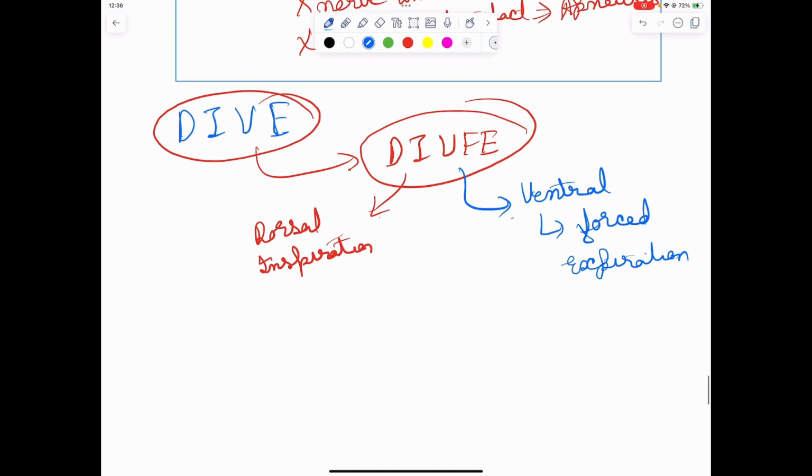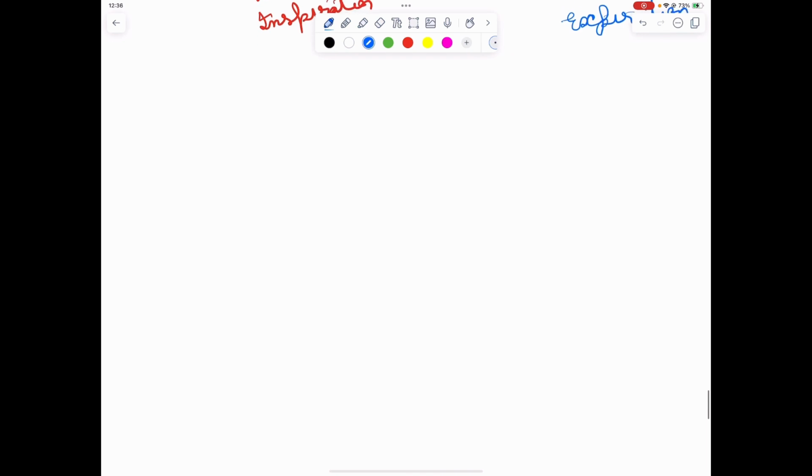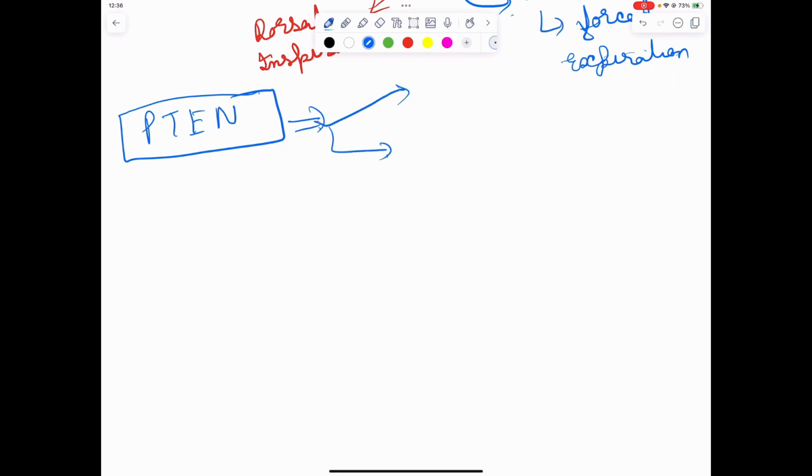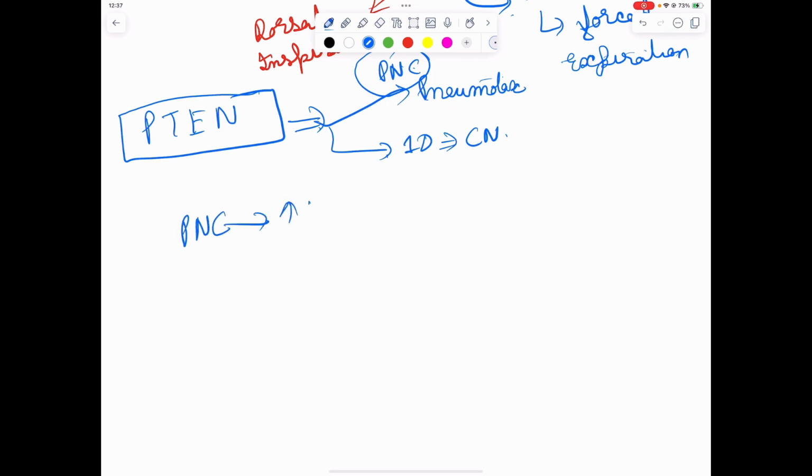mechanism, how to understand the mechanism. You must have studied the P10 genes. Now P10 genes, just remember that it can be divided into two. One is the pneumotaxic center, and the other 10 is the cranial nerve, that is vagus. So the pneumotaxic center increases the rate, and it also inhibits the apneustic center.